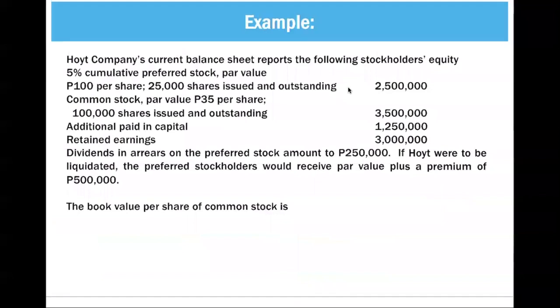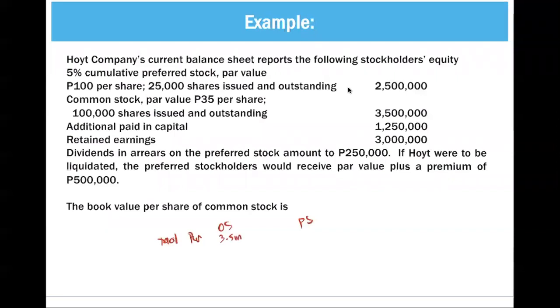Another example, here we need to get the book value of your common stock. So since we are to compute for your book value of common stock, let's prepare our tabular format. So OS and your PS. So total par. The total par of your OS is 3.5.